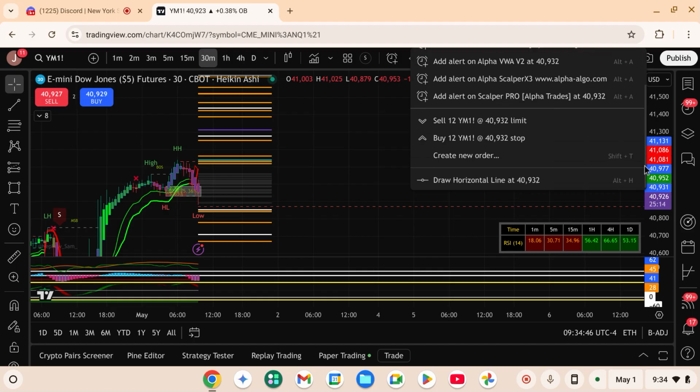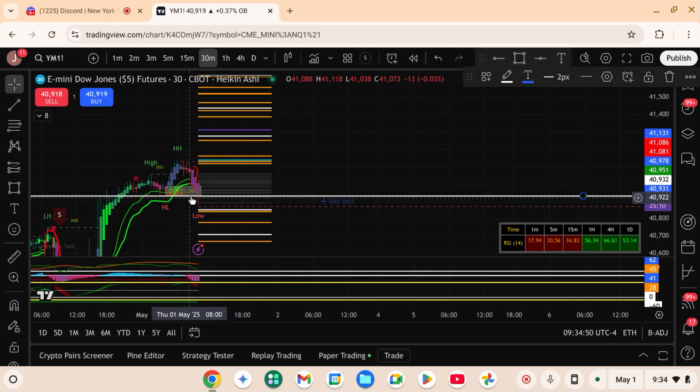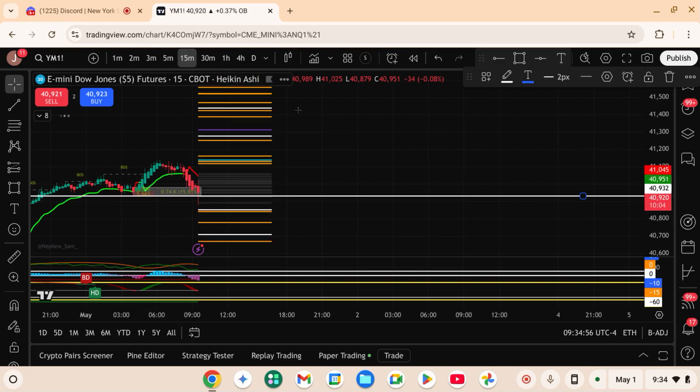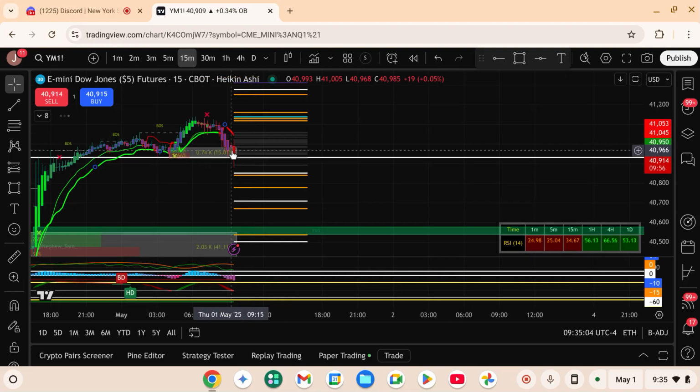Otherwise, it's just gonna shoot right back up because it's inside this half hour order block and 15 order block. Yeah, until it closed below this, I wouldn't be trying to short this.